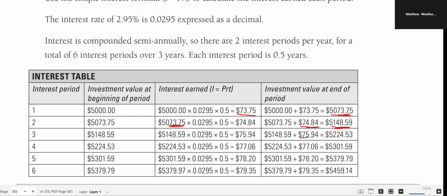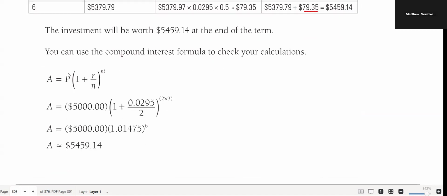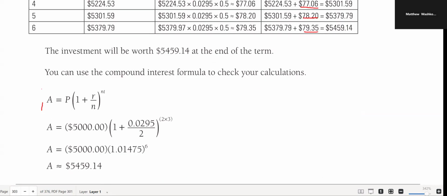It goes from 74.84 to 25.94 to 77 to 78 to 79. Whereas simple interest would just use this figure every single time. Now, and again, this is a lot of work, which is why we use our formula. You get the same answer here. You can see it's the same bloody answer.